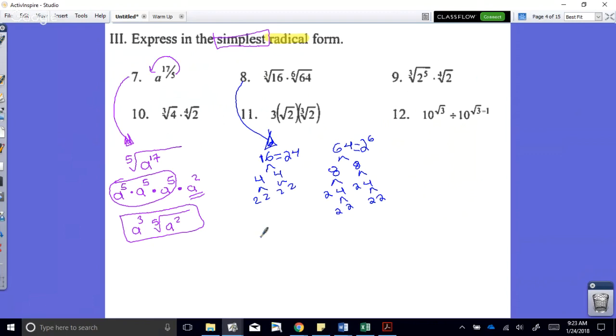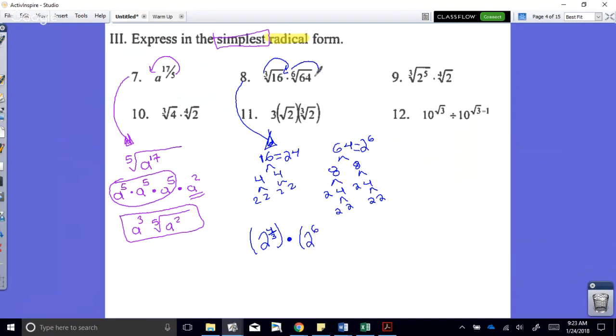So here's what's cool. For the 16, I can then take the index and make it the denominator of the fraction. This becomes 2 to the 4/3 times. I'm going to take 64 and replace it with 2 to the 6th.